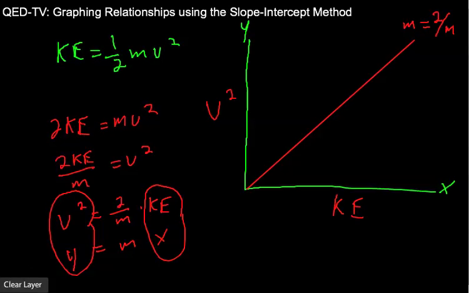Let's look at one more that's really easy. One of our uniform acceleration equations. You could go watch the derivation of the acceleration equations, and you'd be able to see this. Final velocity equals at plus vi.